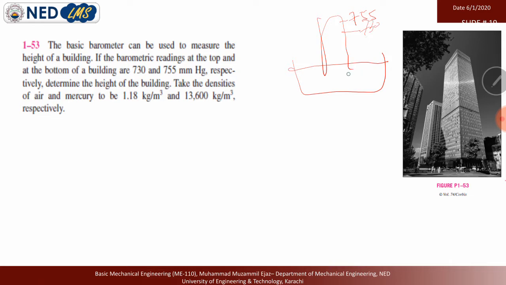Definitely at the top the atmospheric pressure is lower, so more mercury comes up here and the reading is 730.